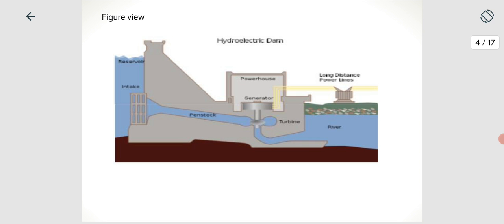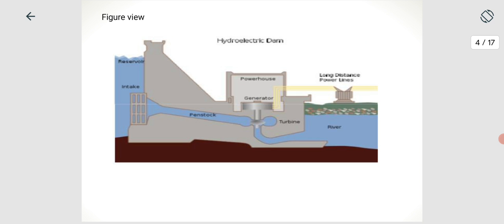Now these are the figures showing the hydroelectric dam. The reservoir is the storage of the water, so that it provides the intake. The intake will be provided for the water entering the turbine through the penstock. A canal should be provided for water to reach the turbine.